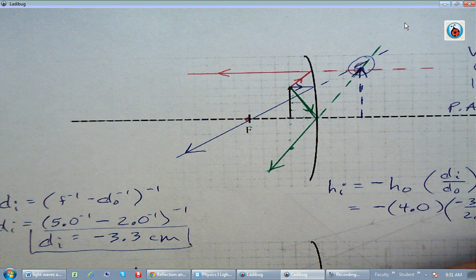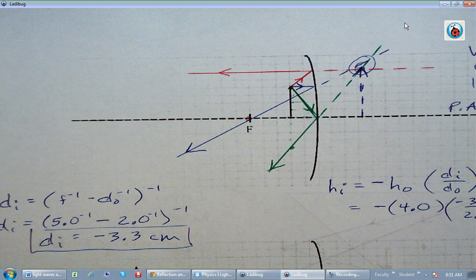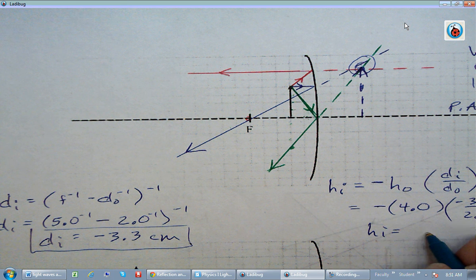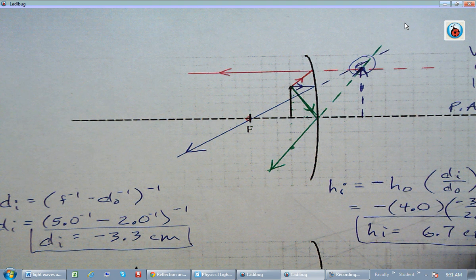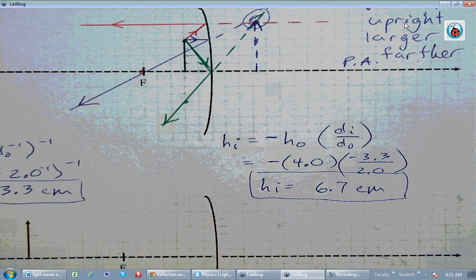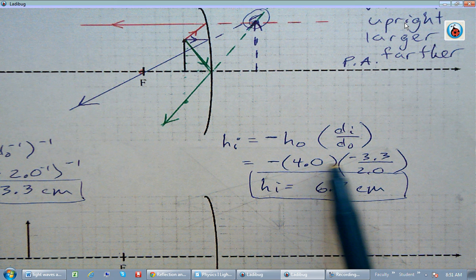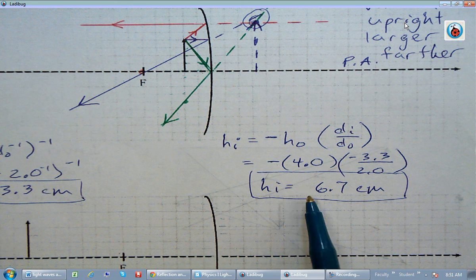And the object's distance was 2.0. And that gives us a height of positive 6.7 centimeters. Notice these two negative signs cancel out, which is why we have a positive height.